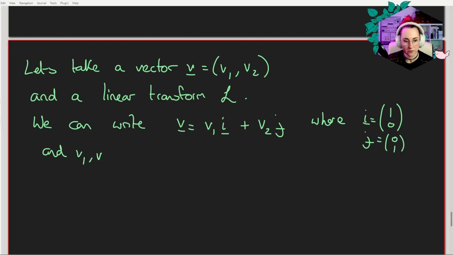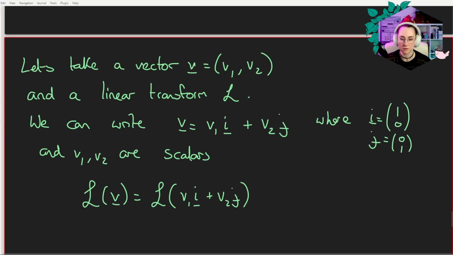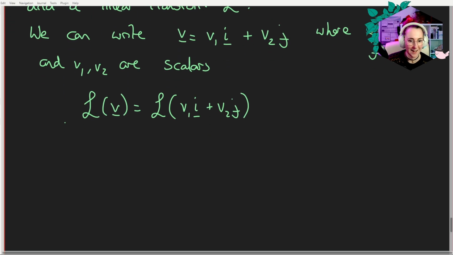And V1, V2 are scalars, which were the elements of our vector. Then the transform of this vector V is the same as the transform of V1 times I plus V2 times J. Now V1I and V2J are themselves vectors, and because it's a linear transform, we can separate this out.